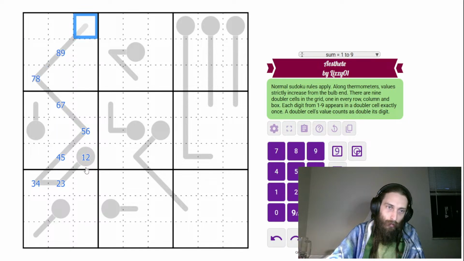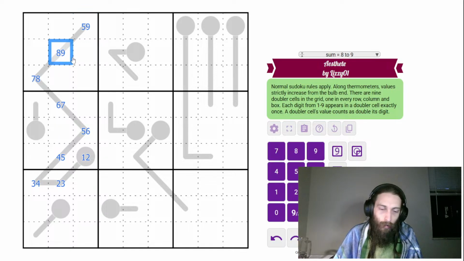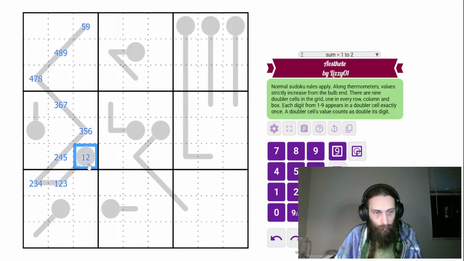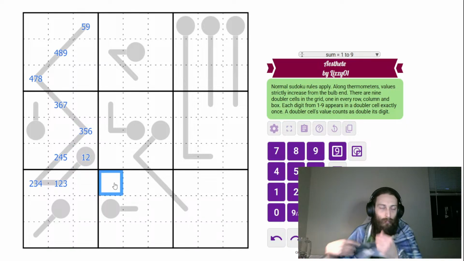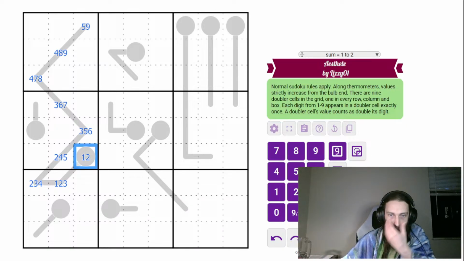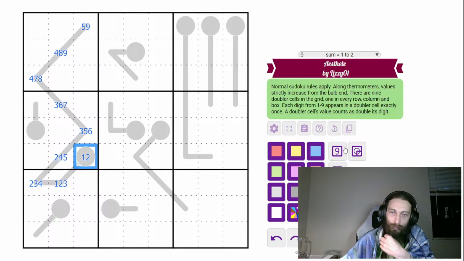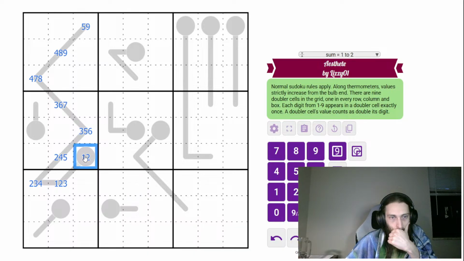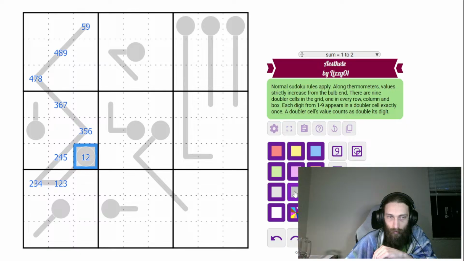I can put 5 or 9 here, and then every even digit I can put its half value. Although this is still 1 or 2. And it cannot be doubled. Right. Well, no, that's not true. The 1 could be doubled into a 2. No, because then the 5 would have to be doubled to a 10. That's true. So not doubled.